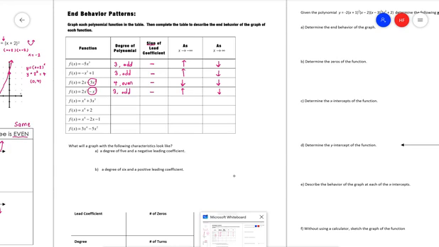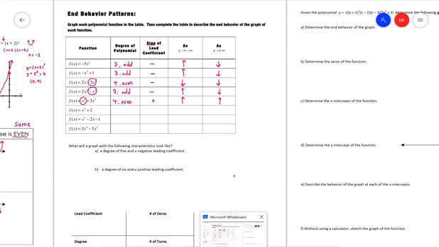On the next one, they are in order, so our highest one is first. The degree is 4, which is even, and it is positive. So positive tells me the last one is up, and even tells me they are the same.